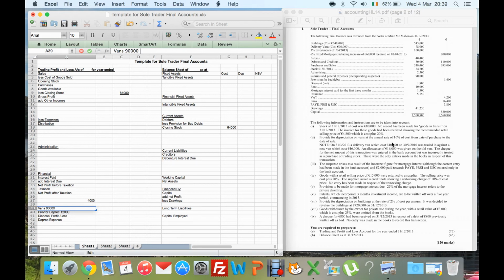So a van which cost 40 was traded against a new one costing 46. So we take away 40 and we add on 46. So that means the total value of our vans now is 96, so we can put that straight into our tangible fixed assets.